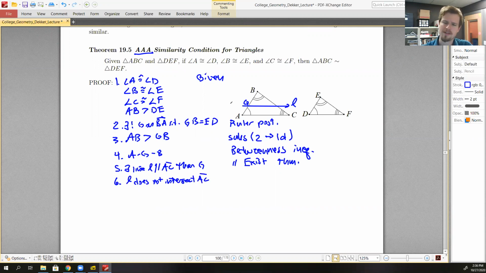Excellent. So since we have a line that comes in through side AB, it must pass through one of the other two sides. And because it is not AC, it must be BC. So it does not intersect AC by the definition of parallel.